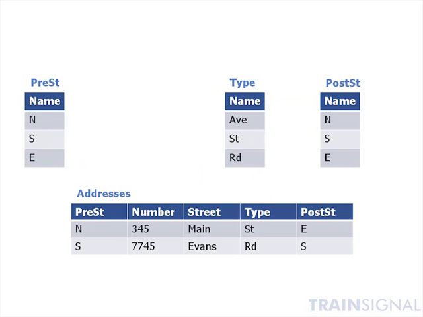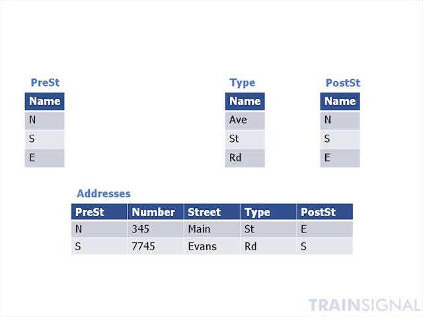I'm still providing the lookup tables. I still have my pre-street, type, and post-street tables, but I've no longer related those to the addresses table. I'm only including those so a client application can quickly query those and determine what the allowable values are. So when my client application asks a user to enter a new address, it's going to query the type table.